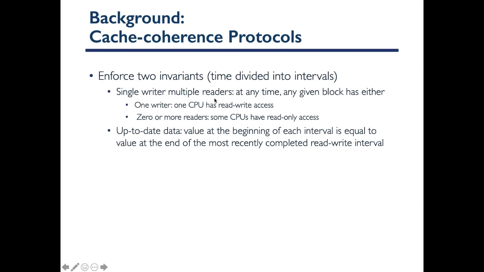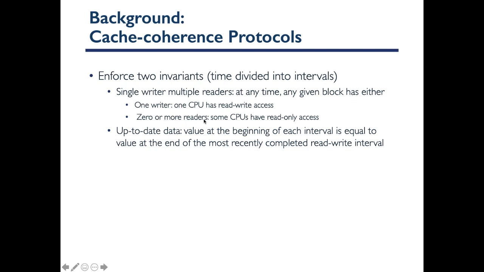So any memory location at any time should have either one writer, so only one CPU has read and write access to that memory location, or 0 or more readers.